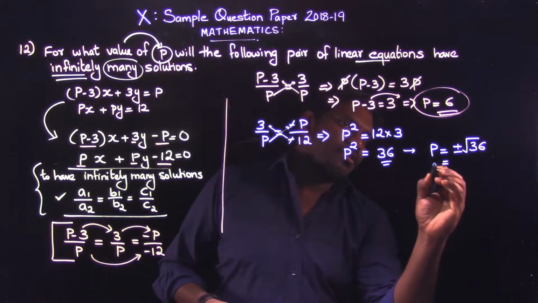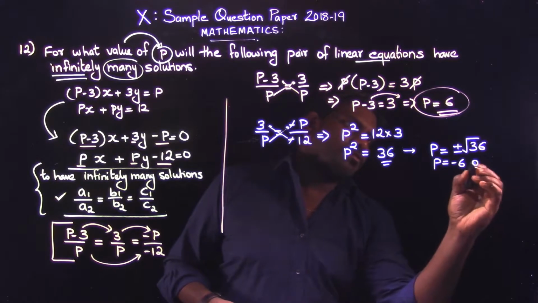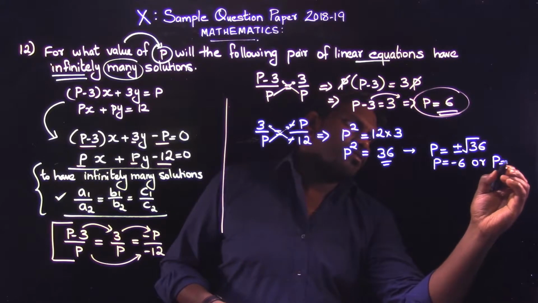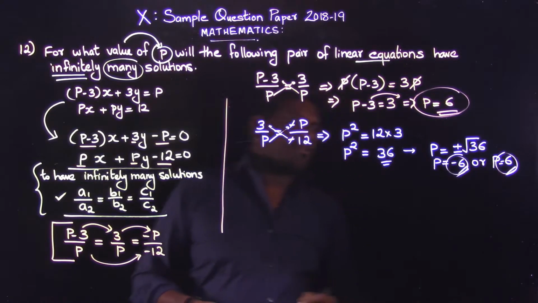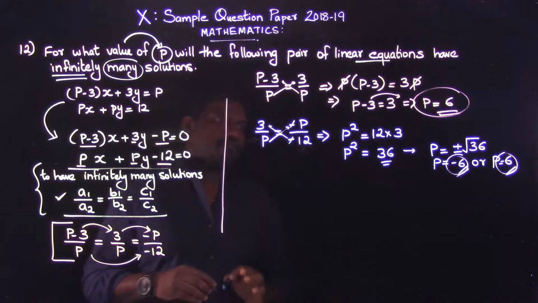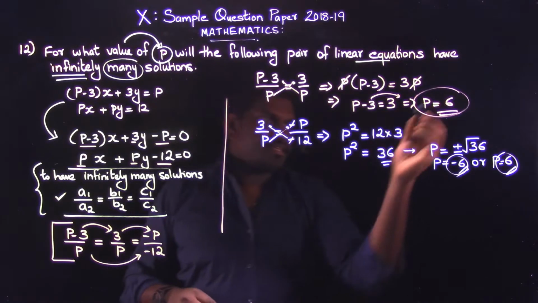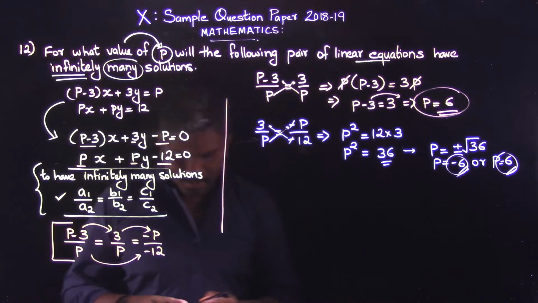That will give me P is equal to plus 6 or minus 6. Okay, so there I'm having it. Just keep it. So here I got 6. Here I got minus 6 and 6.